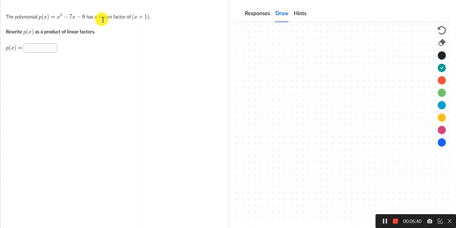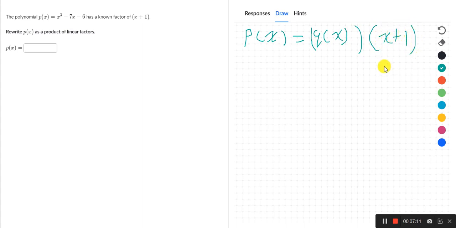Well, if it has a known factor of x plus 1, you can assume that p of x equals q of x, which is another polynomial that you do not know but can get through division, multiplied by x plus 1. That's what it's telling you.